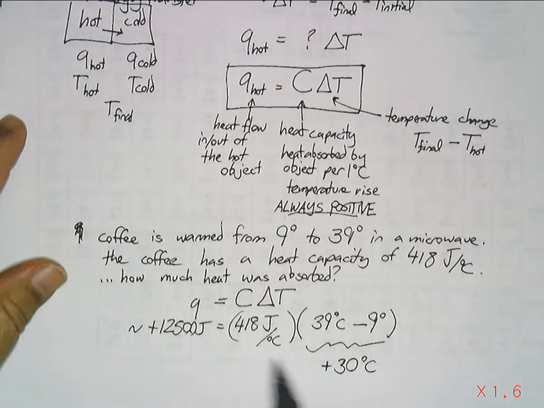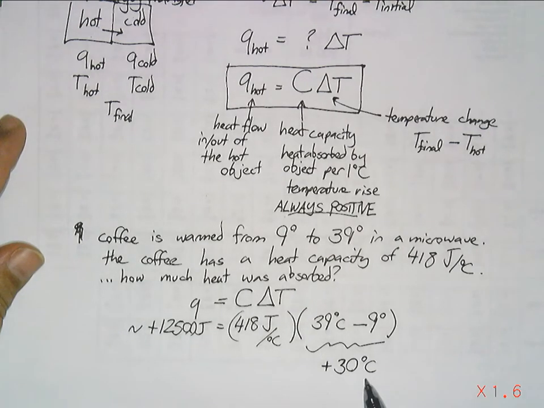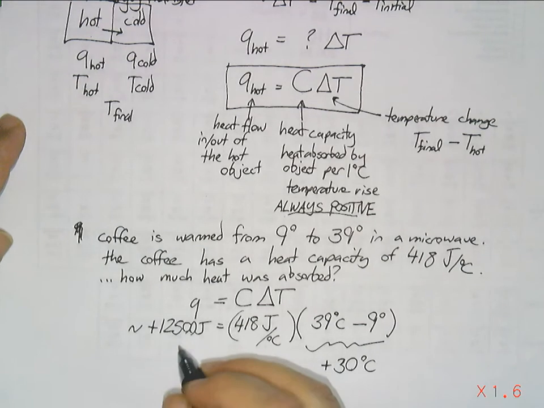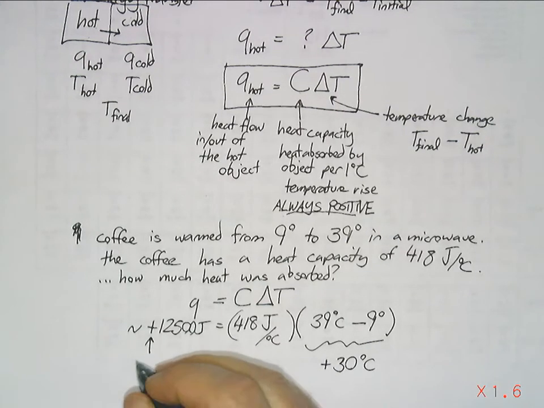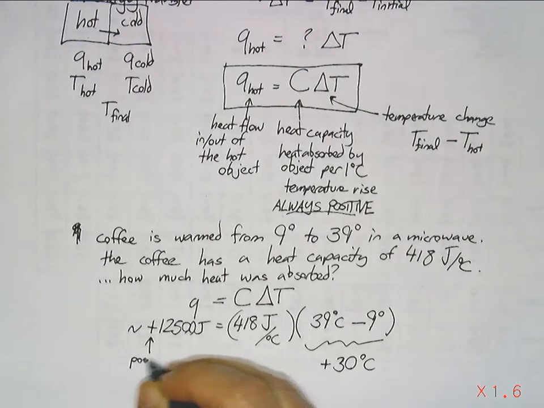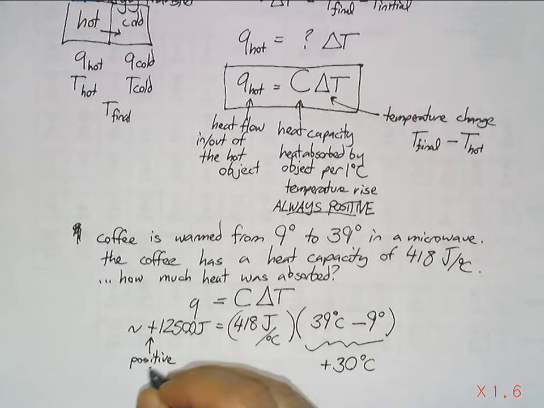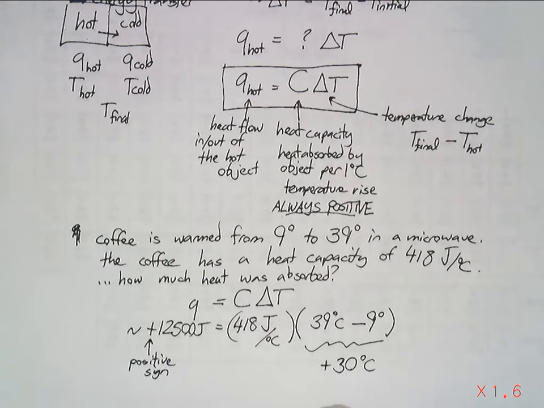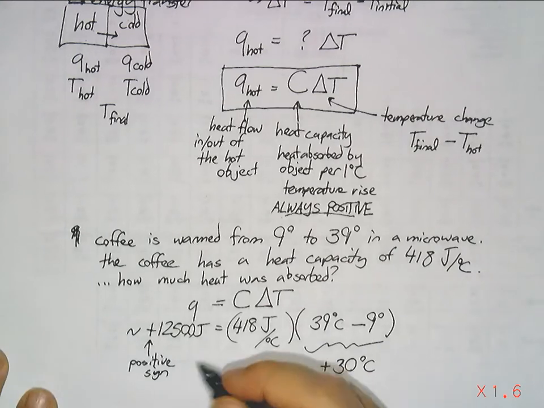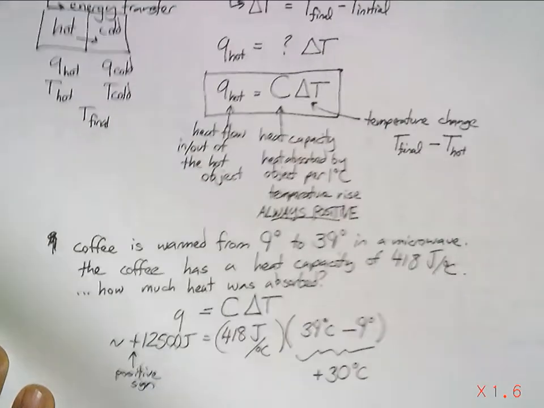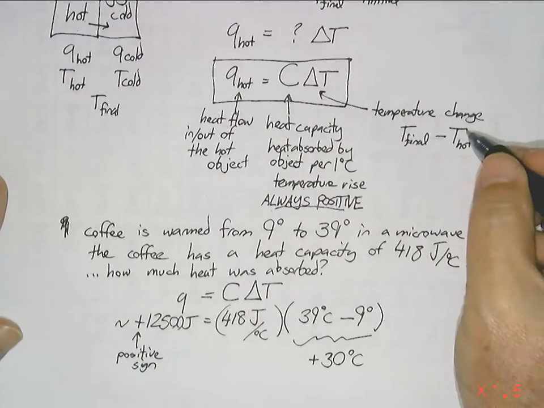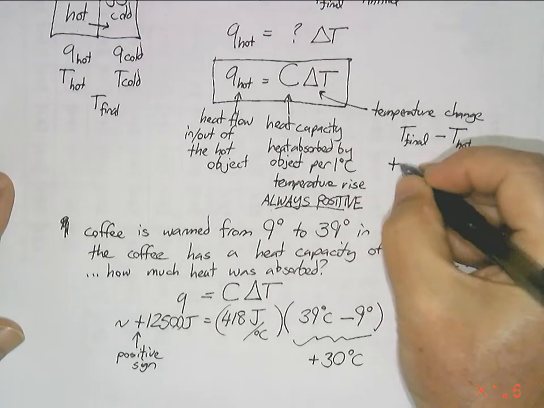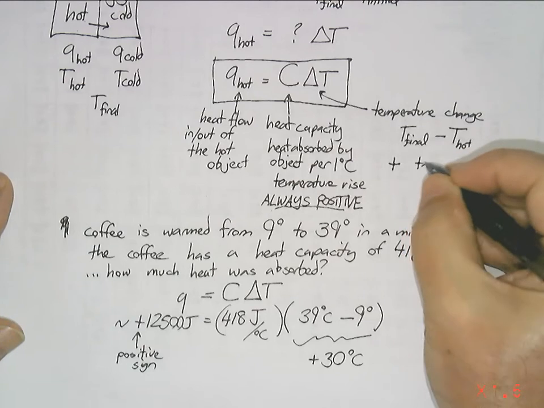Now, what I want to point out about this is that you've got a positive sign on this, and that has some meaning. When you've got a sign on your temperature change, it could be positive, which means that the temperature rose.